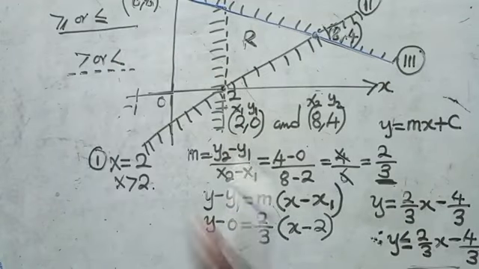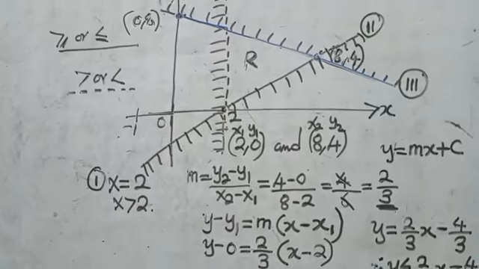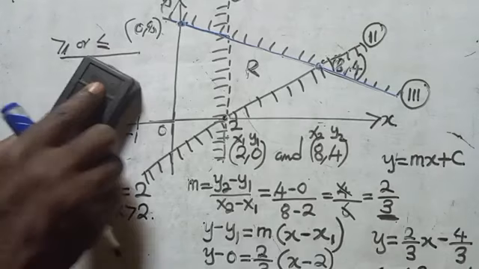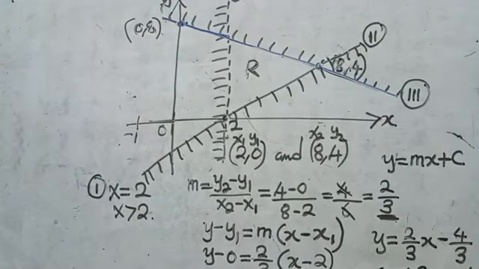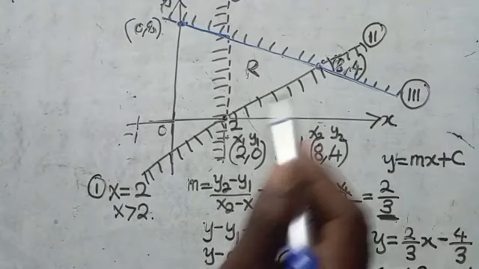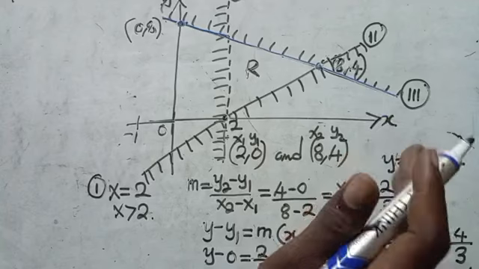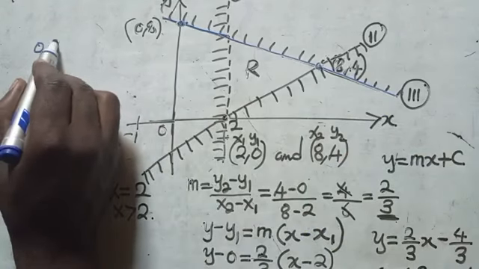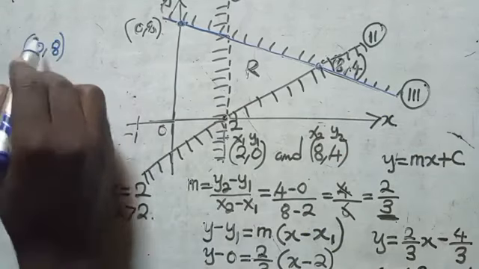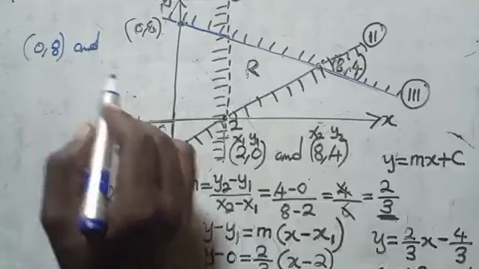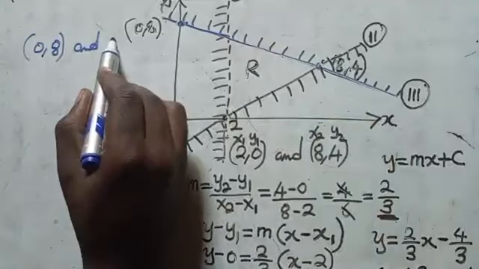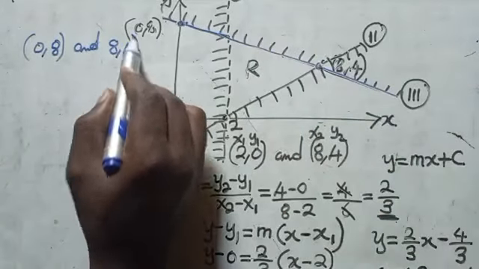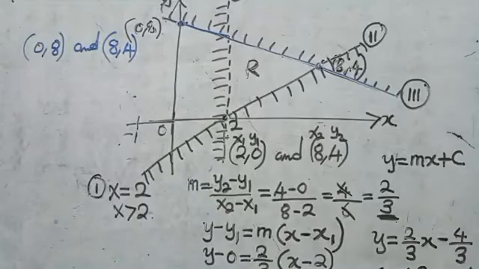These are simple things which I know you can work out. I want you to finish this particular question. We are given 0, 8 and 8, 4.